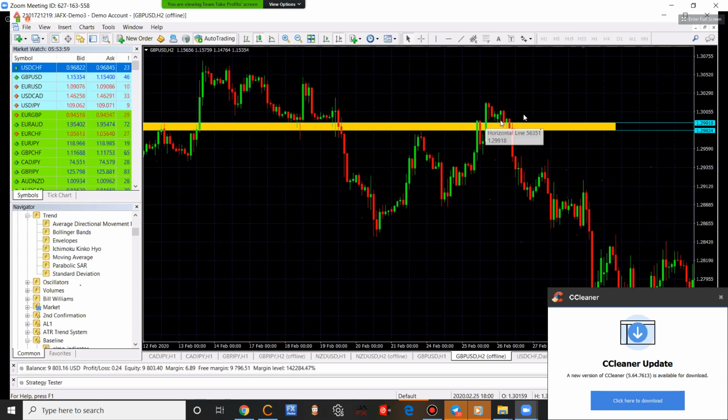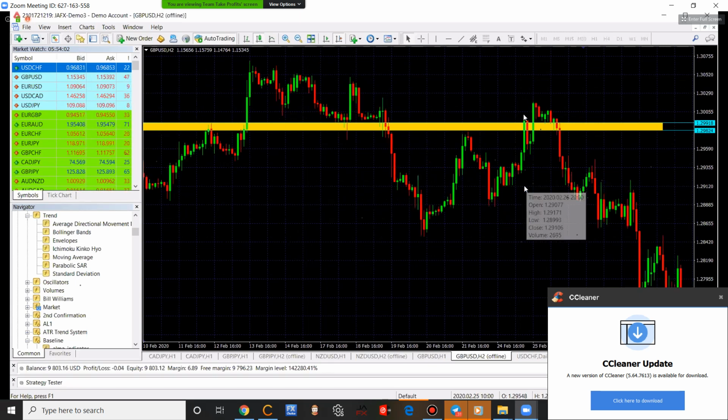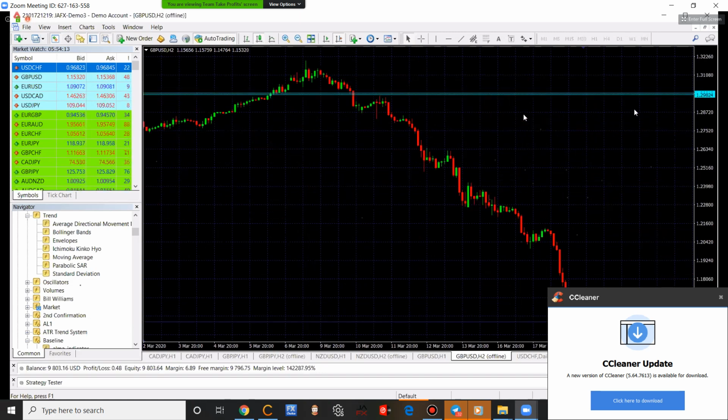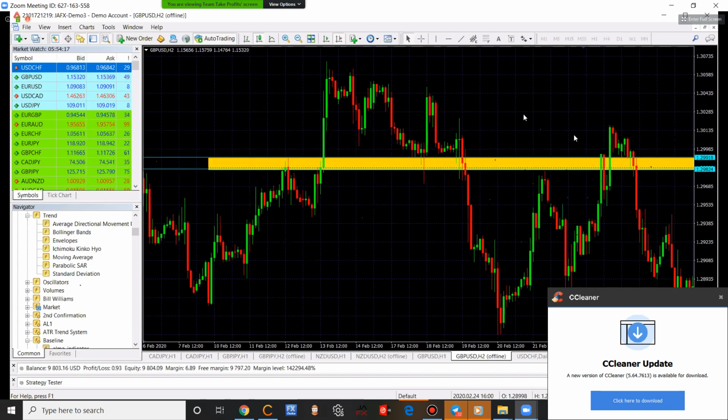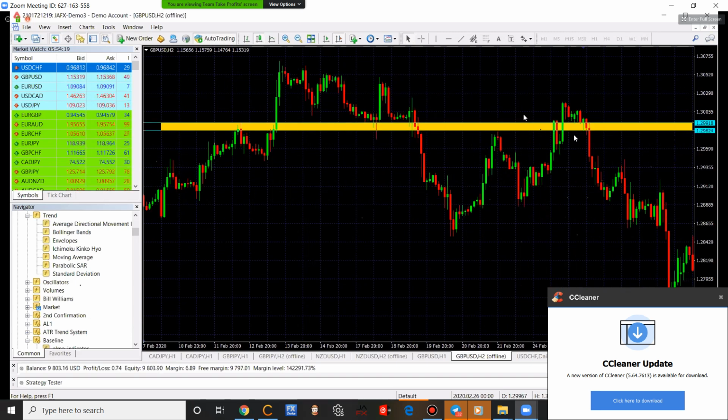It's a strong zone, but at some point it's going to break. I don't know how to explain it well, but that's how you have to look at zones. At some point it will break, but the more it's touched long term, the stronger the line. That's the best way to answer that question.